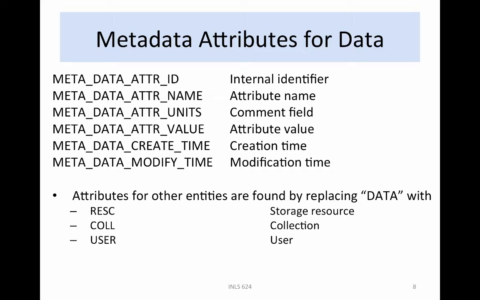Metadata attributes can be defined for collections, users, and resources by replacing the characters data with RESC for storage resource, COLL for collection, USER for username. Thus, the attribute name for metadata associated with a user would be meta user attr name.